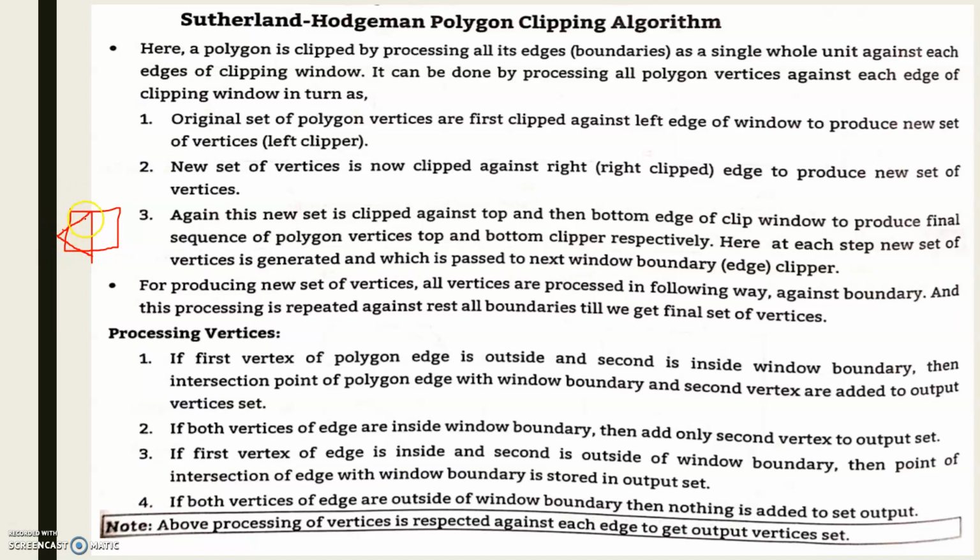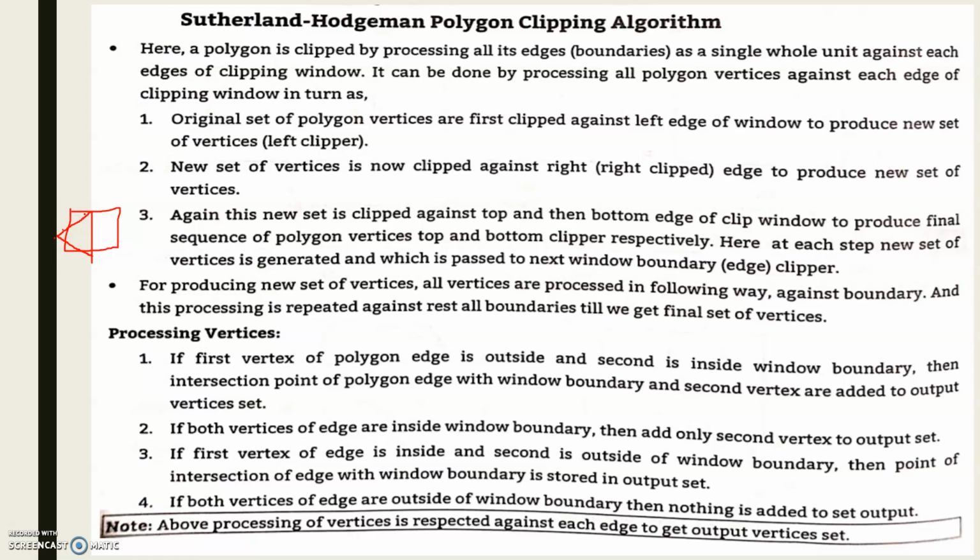Consider this line: the first vertex of the polygon edge is outside the clipping window, and the second is inside the clipping window boundary.